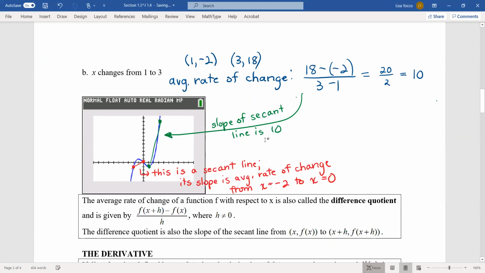And if you took college algebra, you probably remember this expression. It's just a big algebraic expression. This is kind of a general formula that gives you the average rate of change for a function in general, okay?